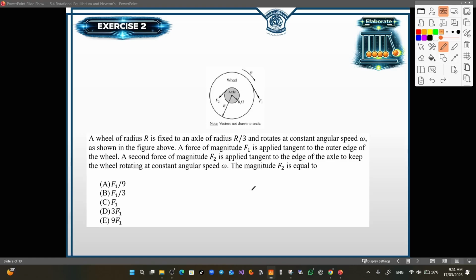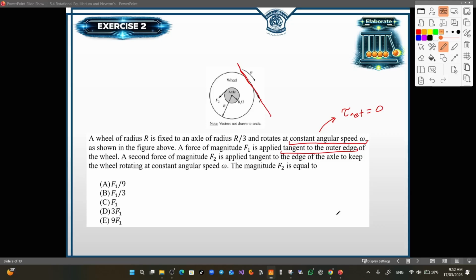Now exercise 2. A wheel of radius r is fixed to an axle of radius r over 3 and rotates at constant angular speed omega. Since we have constant angular speed, we are under rotational equilibrium, and tau net is equal to 0. As shown in the figure above, a force of magnitude F1 is applied tangent to the outer edge of the wheel, pointing directly in the tangential direction.